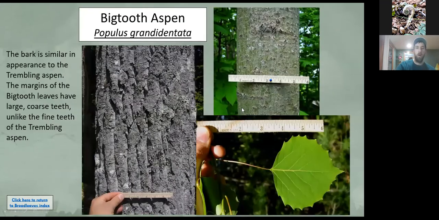Here we'll compare it to the other very common poplar aspen you find in the state, which is bigtooth aspen. It's very similar in all other characteristics to our quaking aspen, but the leaves tend to be much larger, and the margin of the leaf has notable teeth or serration. Typically, bigtooth aspen attains a much larger size than quaking aspen, but that's not always the case.